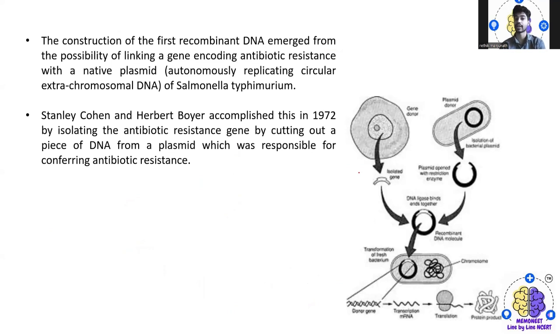Now, the construction of the first recombinant DNA embodied the possibility of linking a gene encoding antibiotic resistance with a native plasmid. For example, here they have taken Salmonella typhimurium.